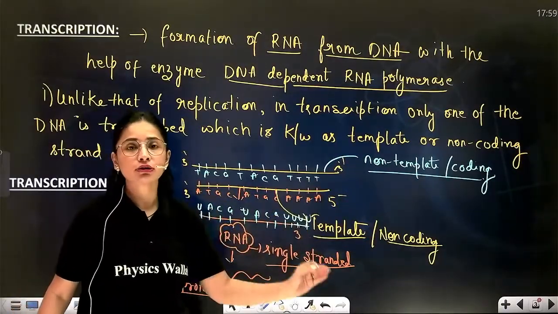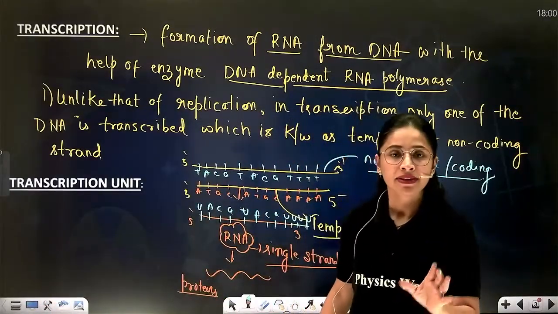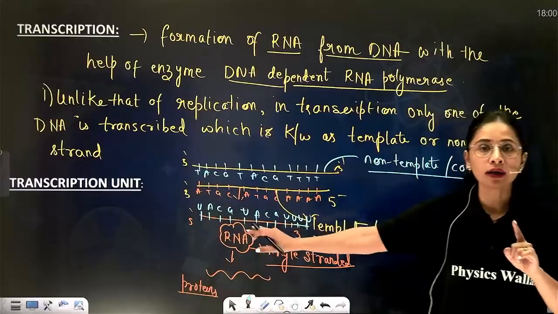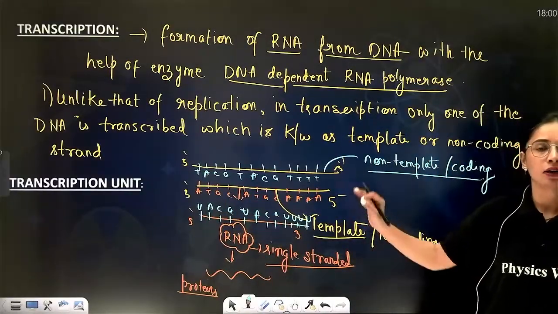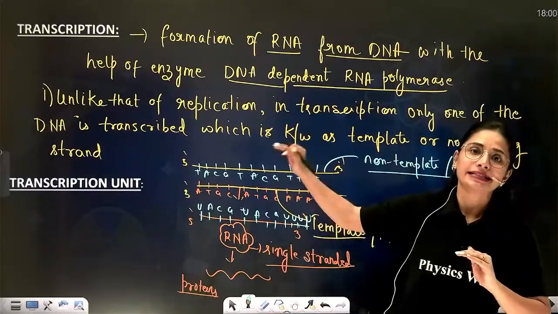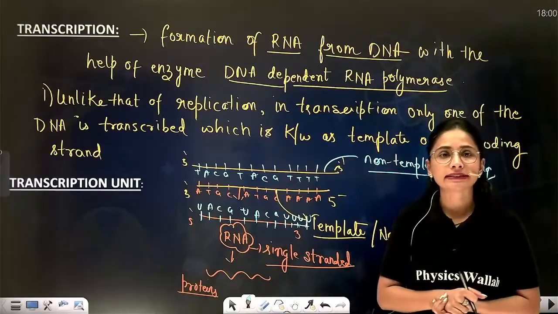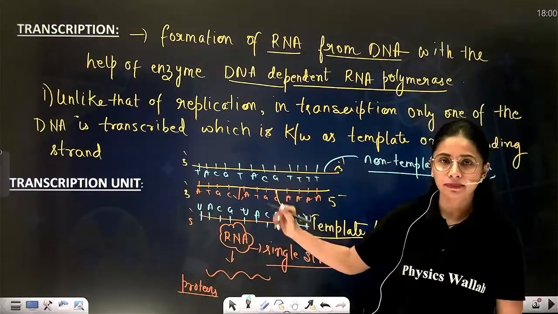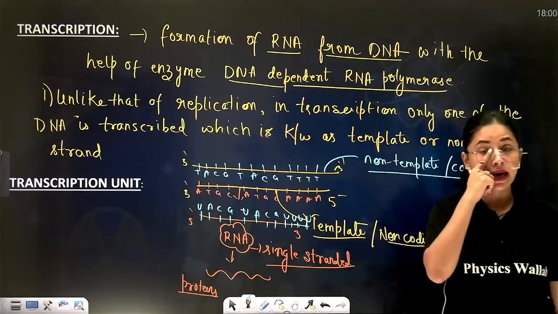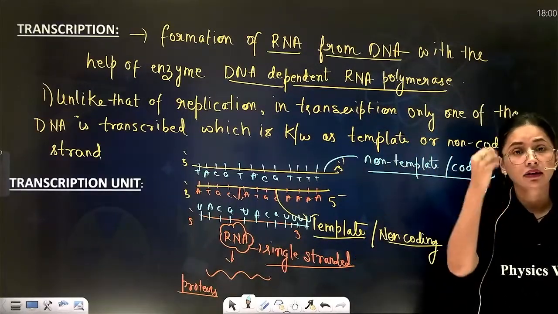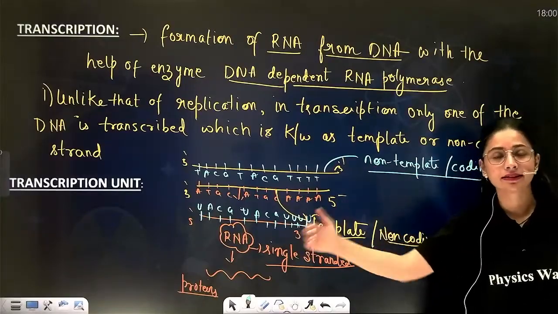So in short, you can say that the protein synthesized by RNA is dictated by the non-template strand, because the arrangement of nucleotide on this RNA is same as that of non-template strand. That is why non-template strand is known as coding strand.